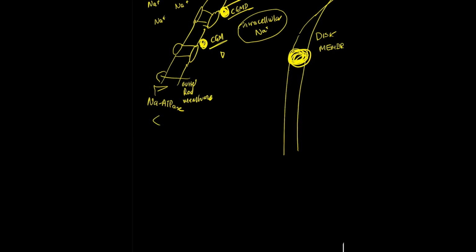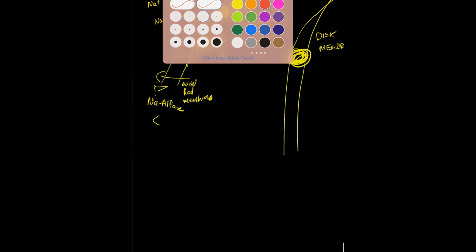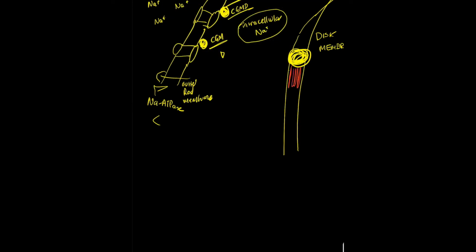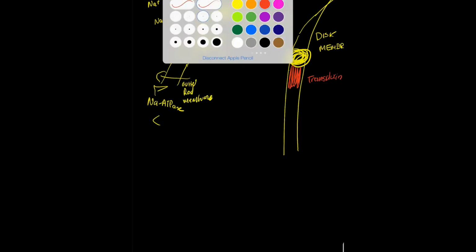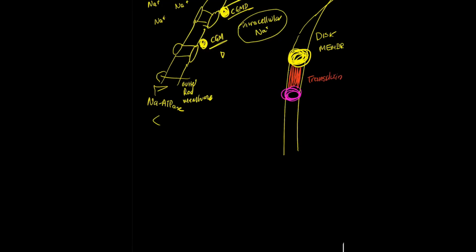Then remember, we've got our G protein, and that's called transducin, which we'll draw here. Then we've got another particle, which is called PDE. And PDE is the enzyme that will go around and change things. So I'll run you through how that works.